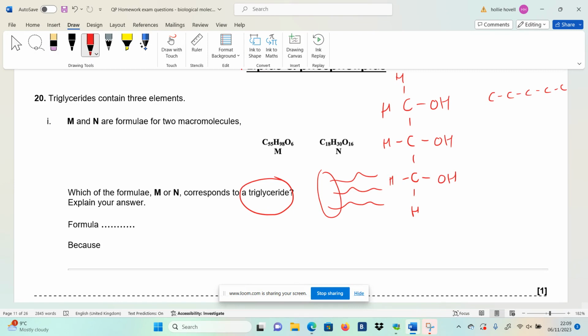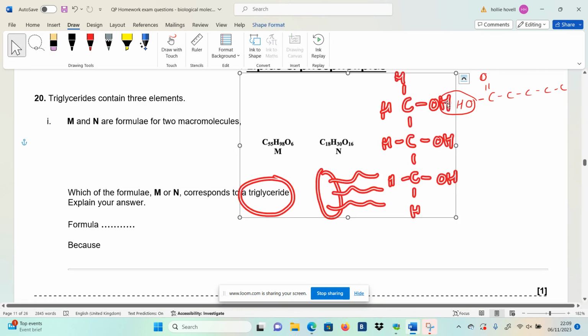But what we do know is that when it joins, we've got a carboxylic acid group here. So we've got OH here with the double bond O and then single bond OH. We know that the water molecule comes off like that.